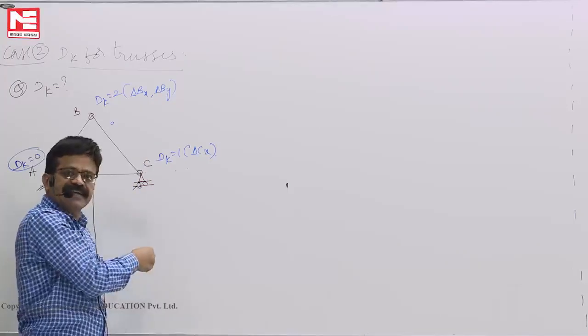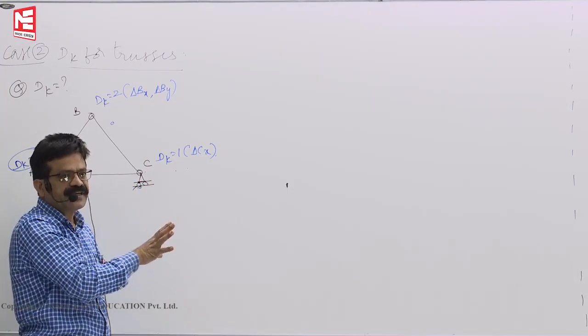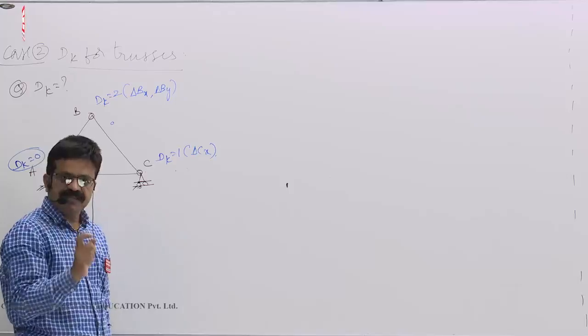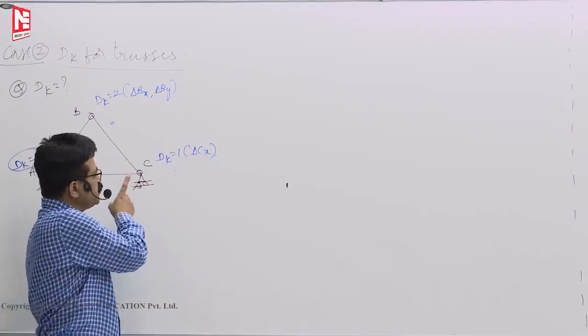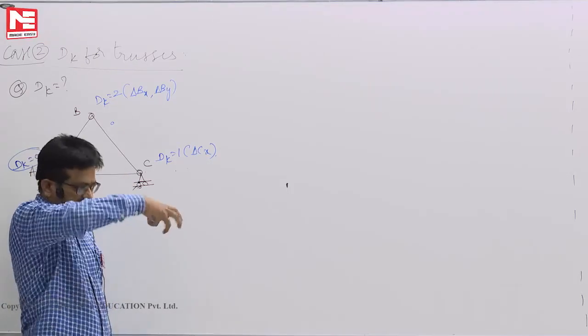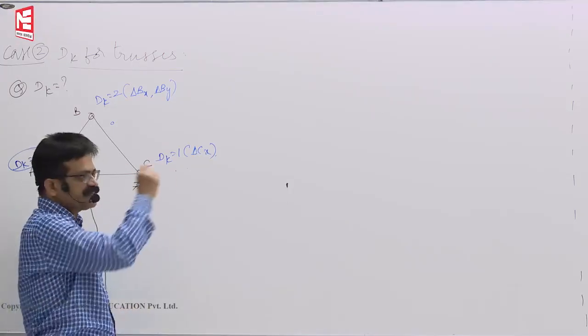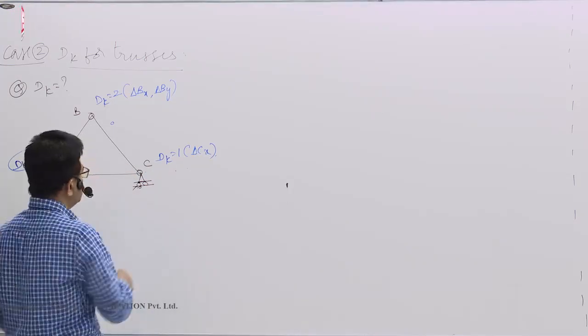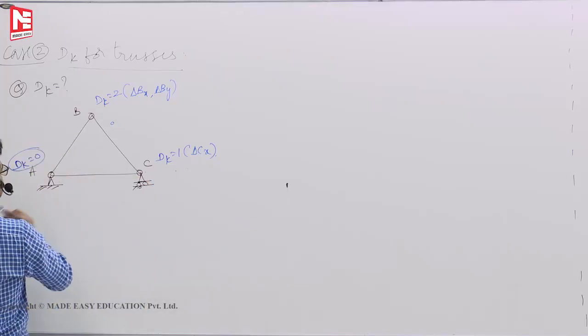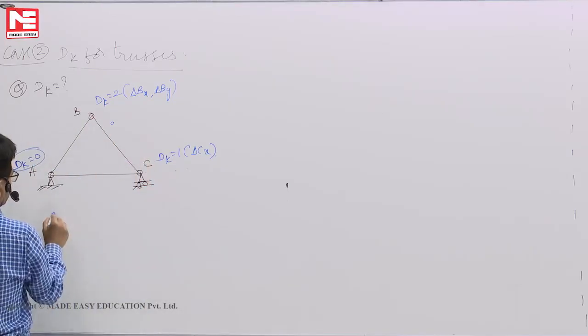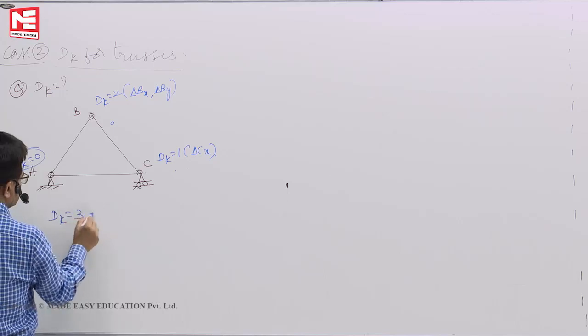If it is rigidly connected, it will not rotate, it will only translate. That is the only difference between the guided roller support and the roller support. It will rotate here because the arrangement is different, connection details are different. So dk is 1. So 0, 2 plus 1, so dk is 3.